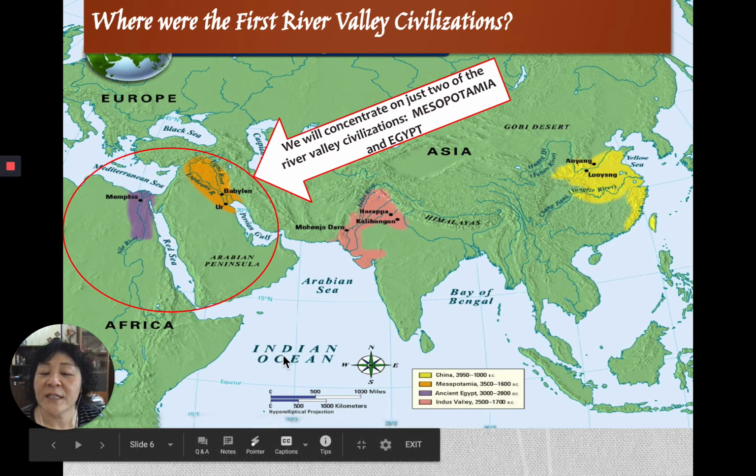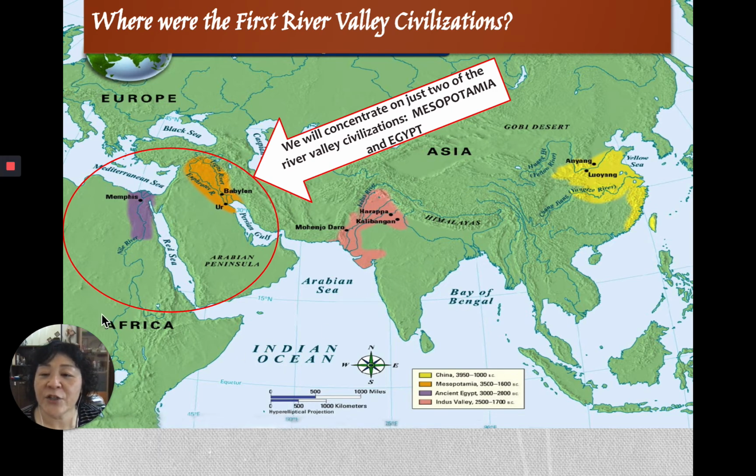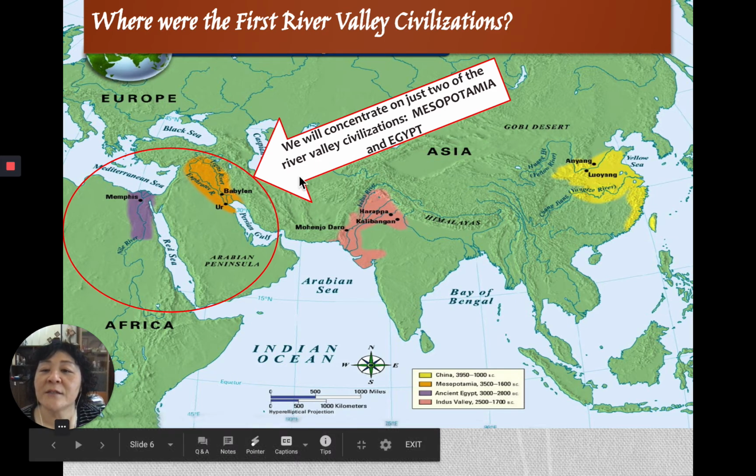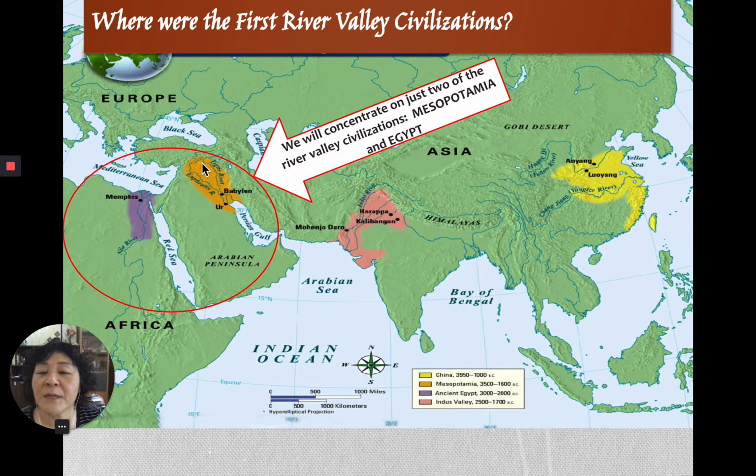And so the Indian Ocean is between Asia and Africa. And so here, this orange shaded area is Mesopotamia, and that is what we are studying now. However, next quarter, you're going to be studying this purple area, which is Egypt. Okay? So, but we are going to be concentrating.